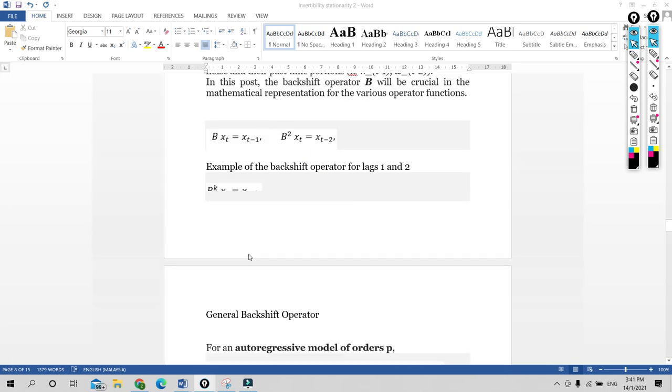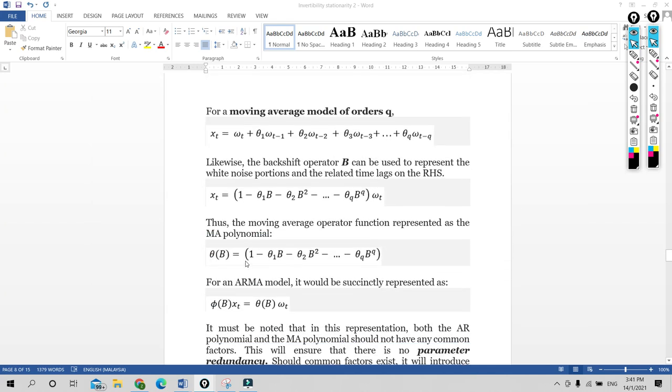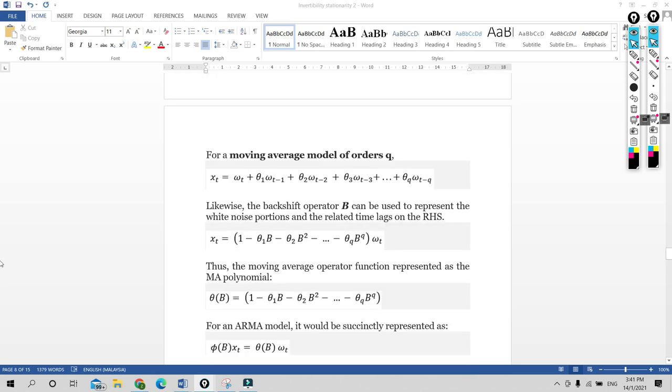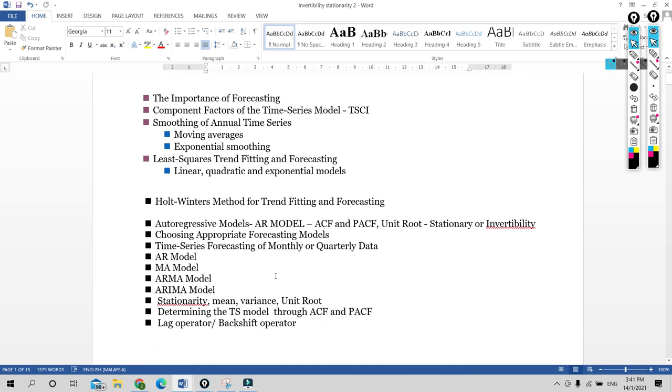I think that's all for this lecture. I want to repeat again what is in the final assessment. The questions will be more on moving averages, exponential smoothing, least squares forecasting, the quadratic exponential model, and the Holt-Winters model.